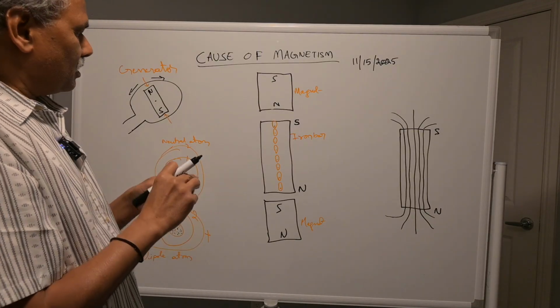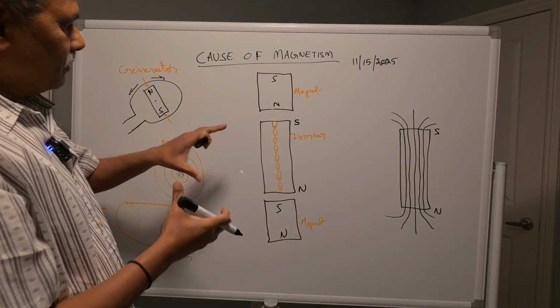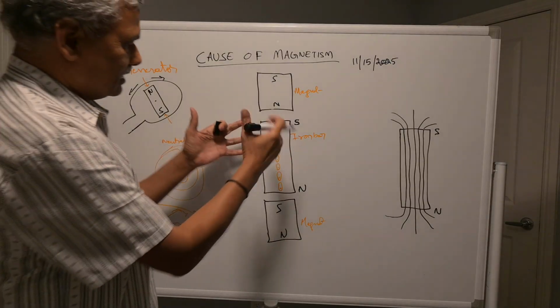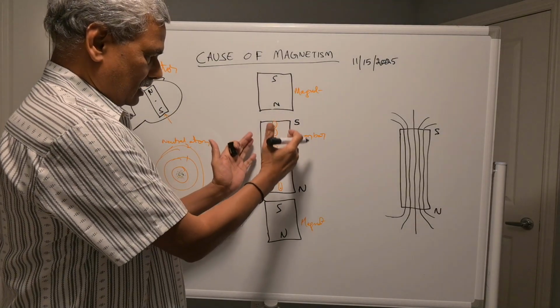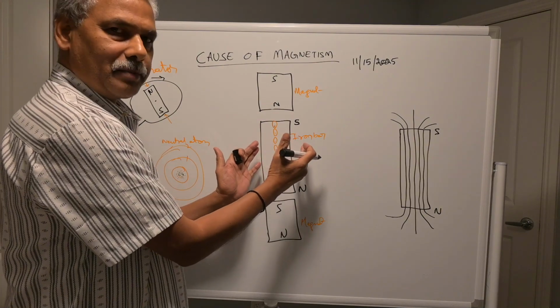Based on that, if we see a magnet, this is an iron bar, just iron without any magnetism.